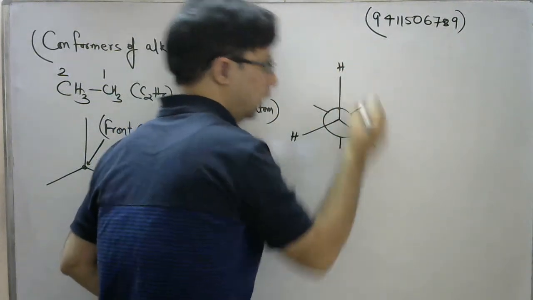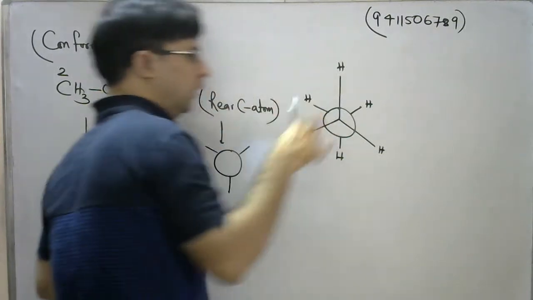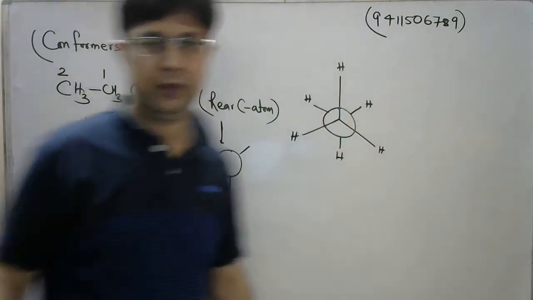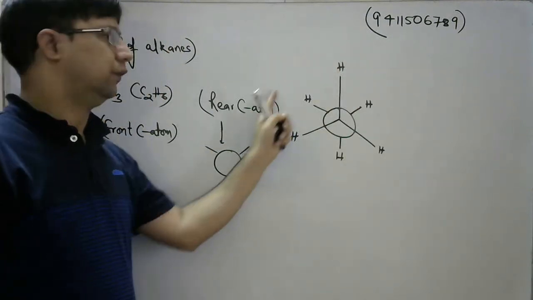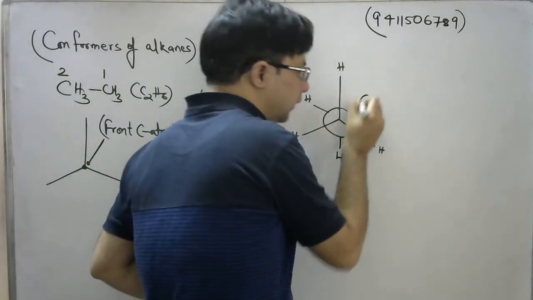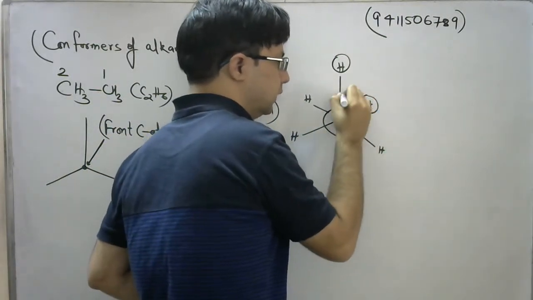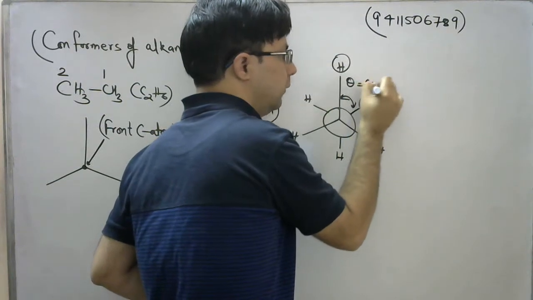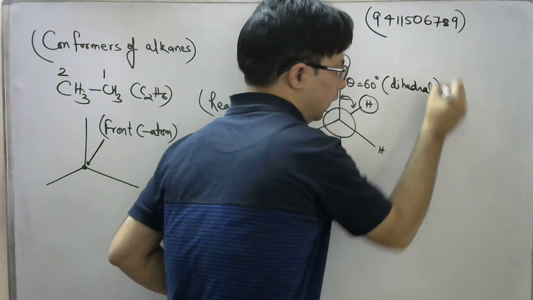These hydrogens we are indicating on the front carbon atom and the rear carbon atom. This is the arrangement of the molecule which we call ethane. In this case, this hydrogen and this hydrogen bond are at an angle of 60 degrees, which is also called the dihedral angle.